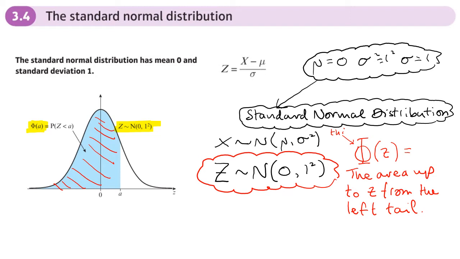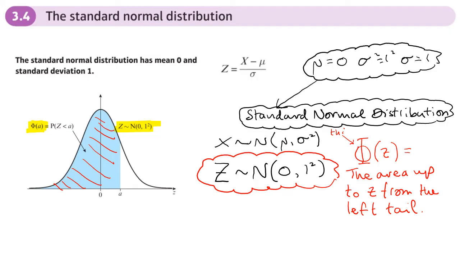Now you might be thinking, well, okay, I've got this standard normal distribution with a mean of 0 and a variance of 1 squared. How can I convert between that and a different type of question where I've got a different mean and a different standard deviation?